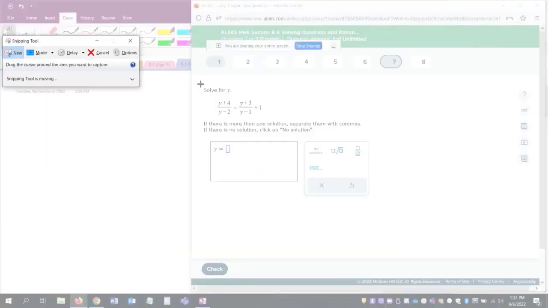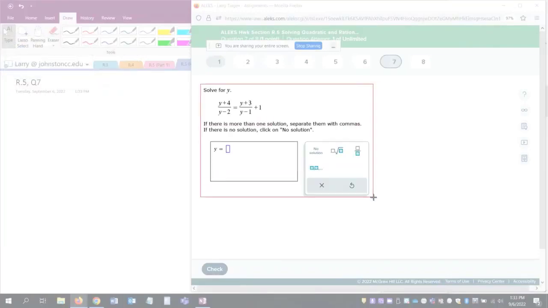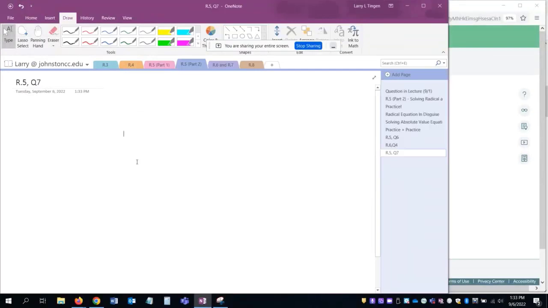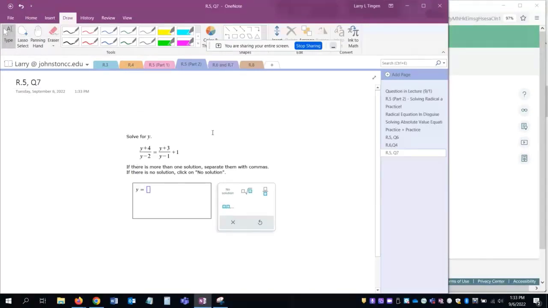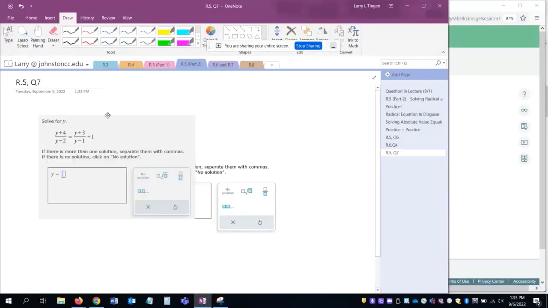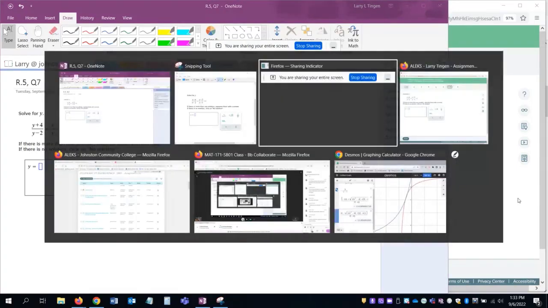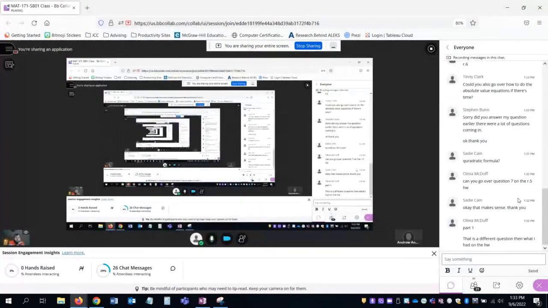All right, so here's the problem. And we're looking at the same situation we had before. The difference here is the numerator and denominator are binomials.